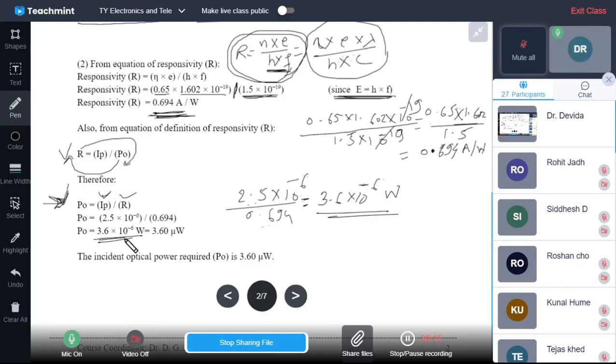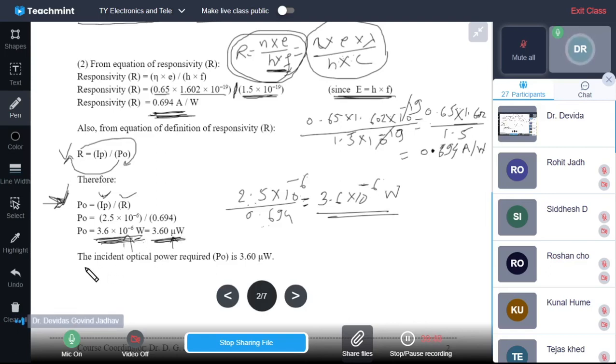This is the answer. This 10 raised to minus 6 you can replace by micro, because 10 raised to minus 6 is micro. So 3.6 into 10 raised to minus 6 watt, or 3.6 microwatt.